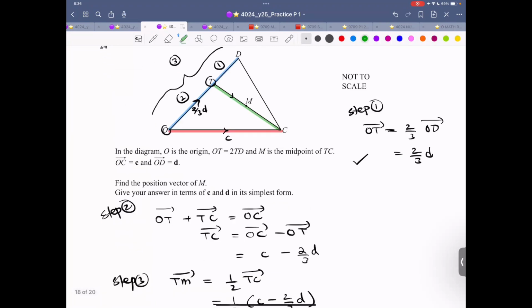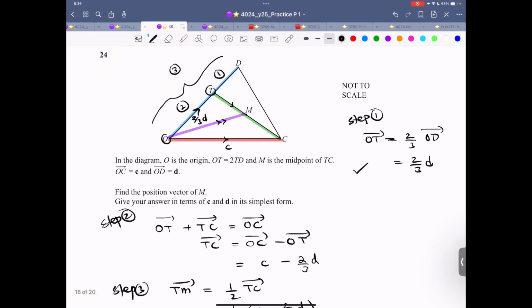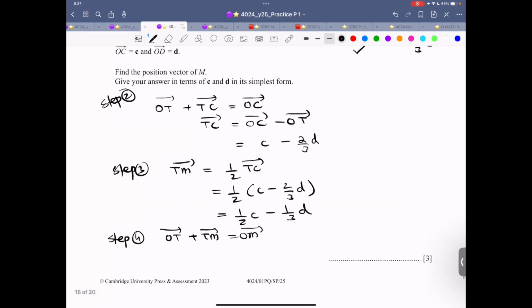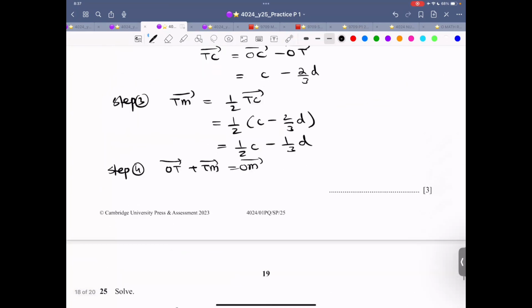So now we also found this purple thing out. That is like this. So now we have OM. We need OM. So what's the last thing? OT plus TM is OM. So step 4, OT plus TM is OM. What is OT? OT is somewhere over here. That is 2/3 D. What is TM?